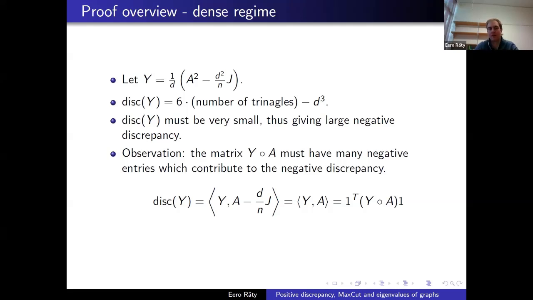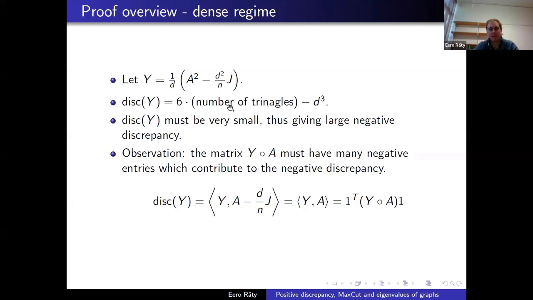And then we scale it so that the diagonal entries are at most 1. Then what's the discrepancy of y going to be? By the same argument, it's going to be the sum of the eigenvalues cubed, except for the first one. We should divide by d.